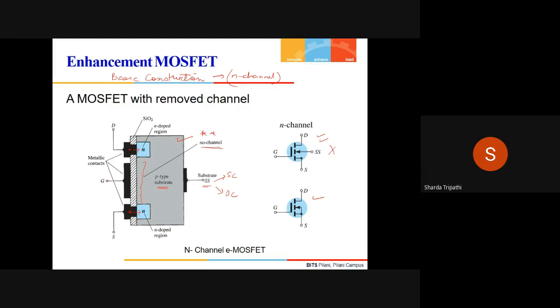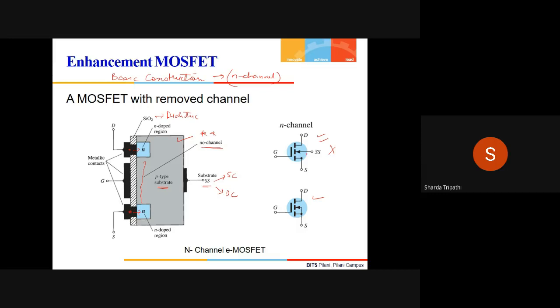Then the gate is connected through an ohmic contact, and there is a dielectric layer of SiO2 which keeps the gate insulated from the P-type substrate, just as we have seen for the depletion type MOSFET. So this is my basic construction.